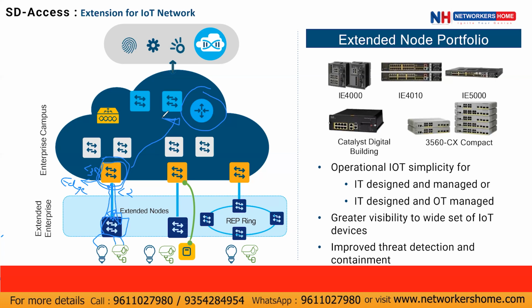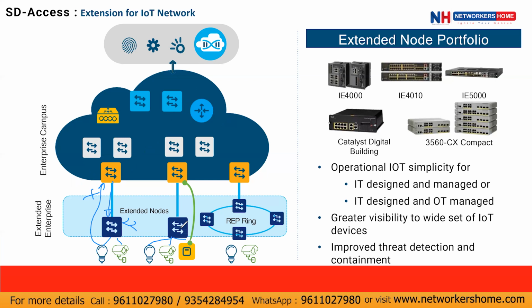What happens is the same, just instead of connecting the IoT devices directly on the edge nodes, we are extending this edge node with L2 and then connecting these devices, so that we have a separate switch for the IoT devices.